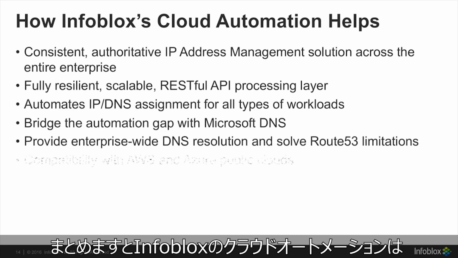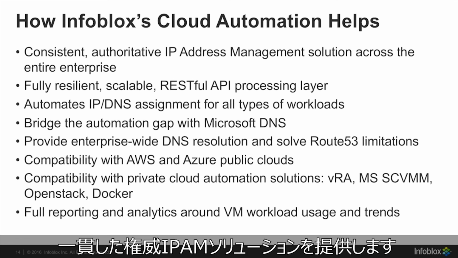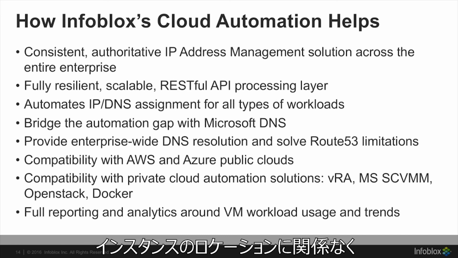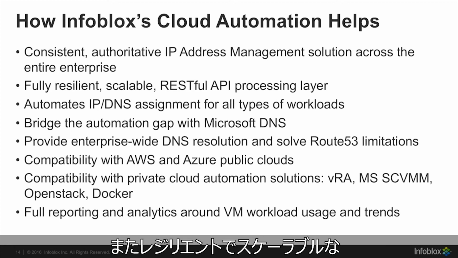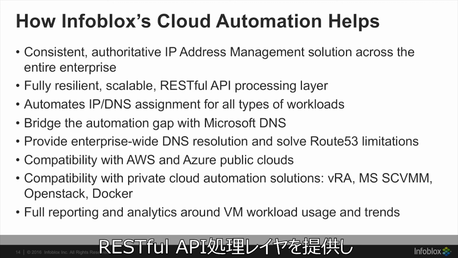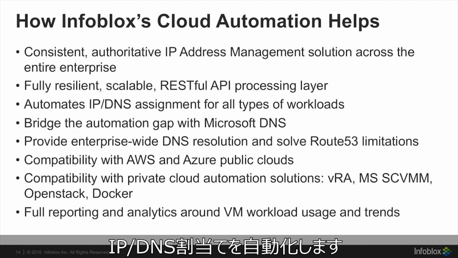So in summary, we see that Infoblox's cloud automation helps by providing a consistent, authoritative IPAM solution. This works across the entire enterprise, regardless of where your instances are located or whether or not you run hybrid cloud environments. We also seen that we provide a fully resilient, scalable, RESTful API processing layer. And this allows us to automate IP and DNS assignments for all types of workloads.